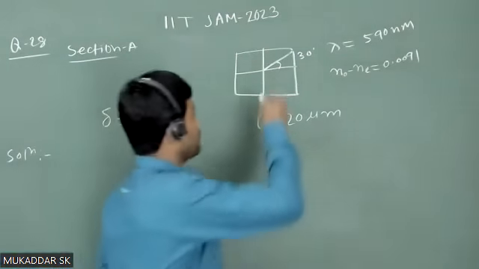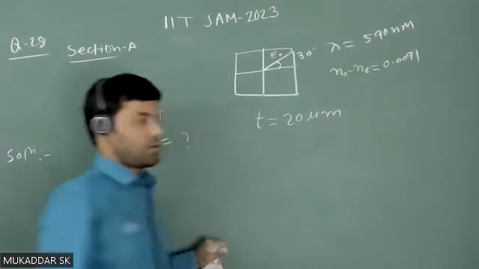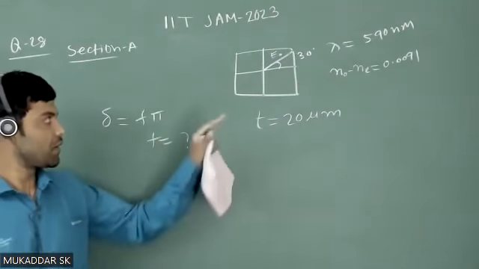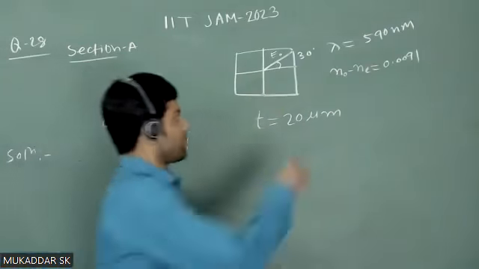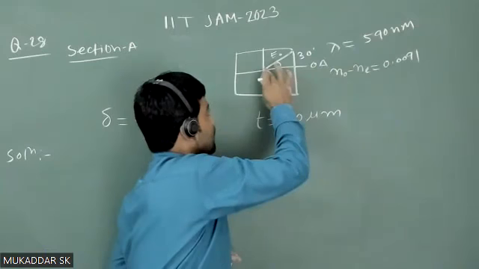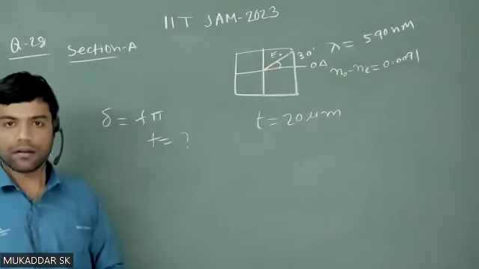Let us assume that the electric field amplitude of the incident ray is E naught, and let us assume this is the optic axis. The angle between the incident electric field and the optic axis is 30°.